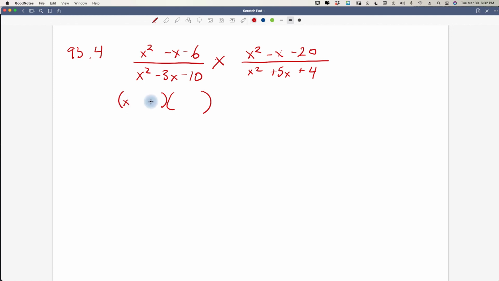It's going to be x, and that is going to be negative 3, positive 2, because we have a negative 1 remaining.